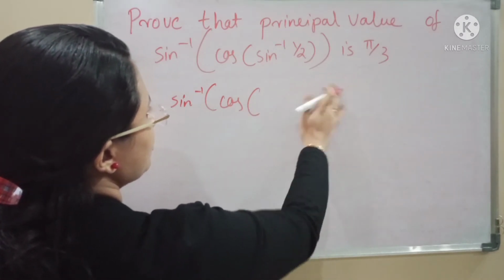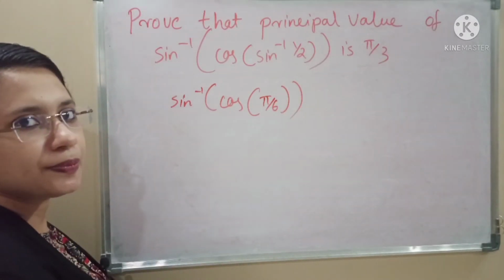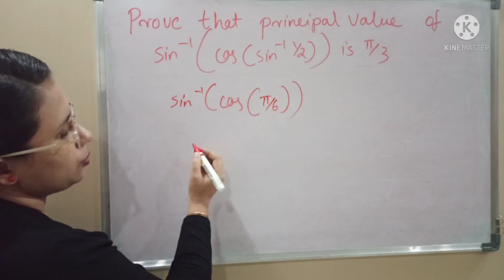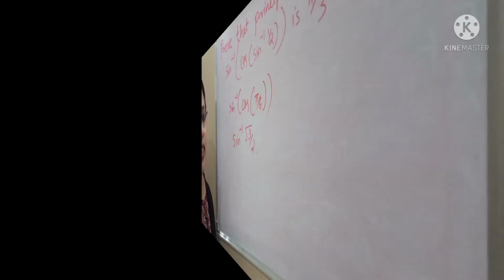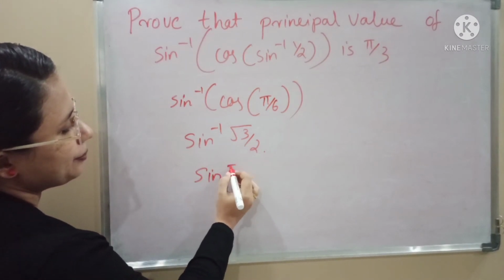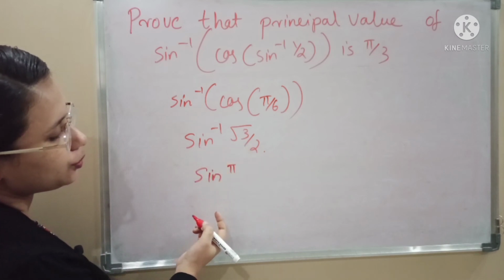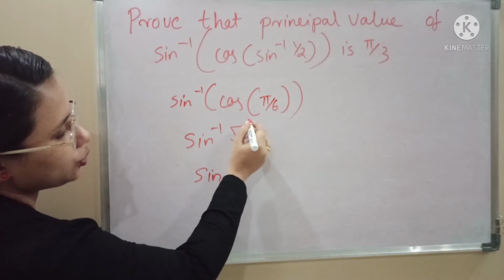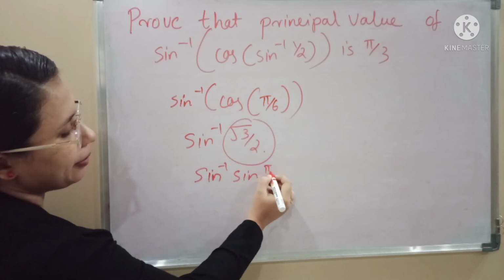So here it will be cos pi by 6. Clear? And cos pi by 6 value is root 3 by 2. So it will be sine inverse of root 3 by 2, which we get from the radian value sine pi by 3.